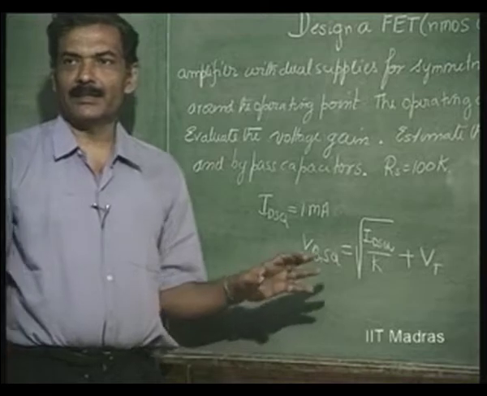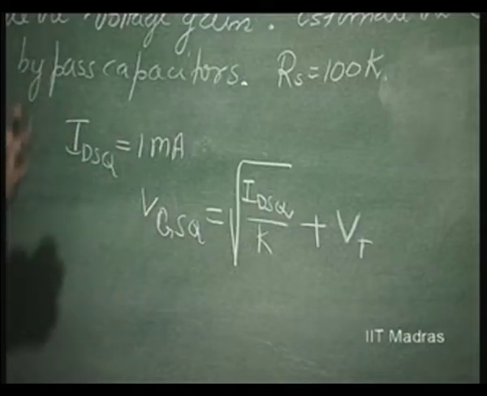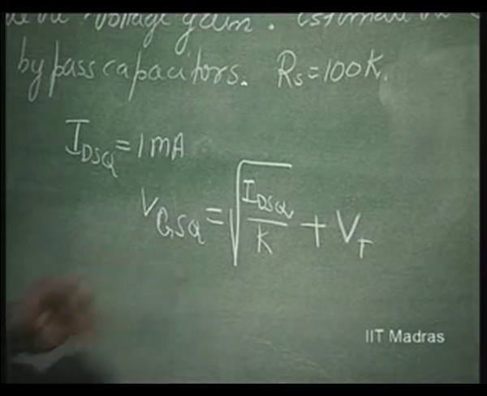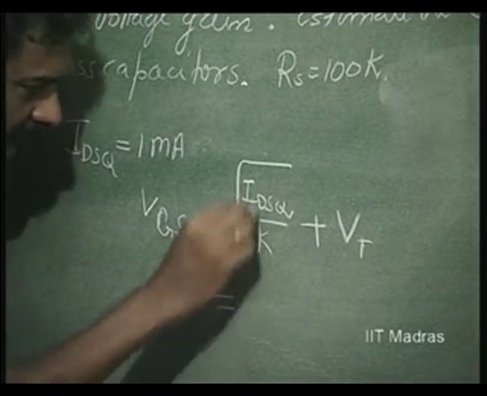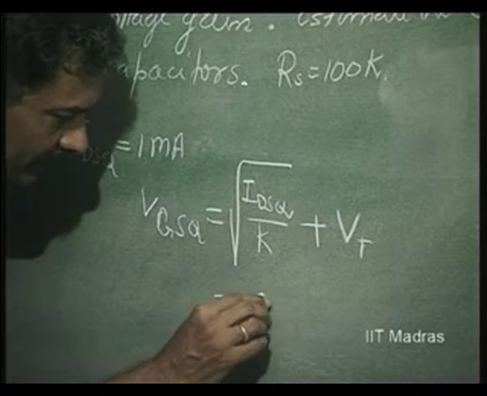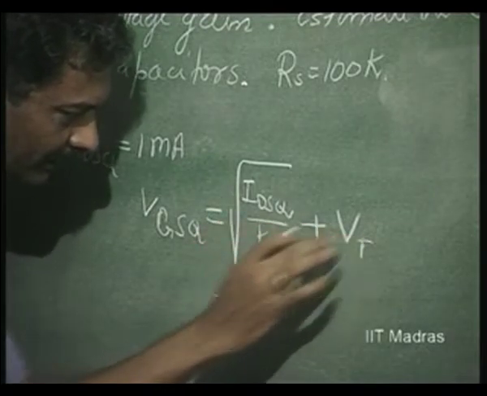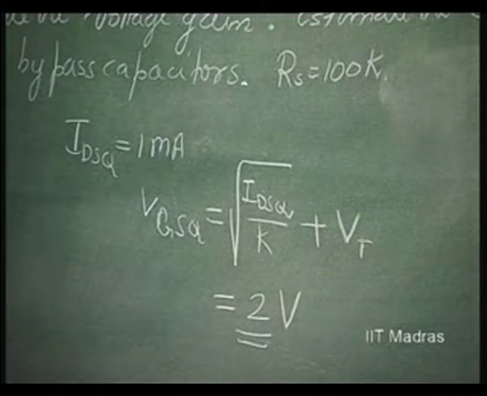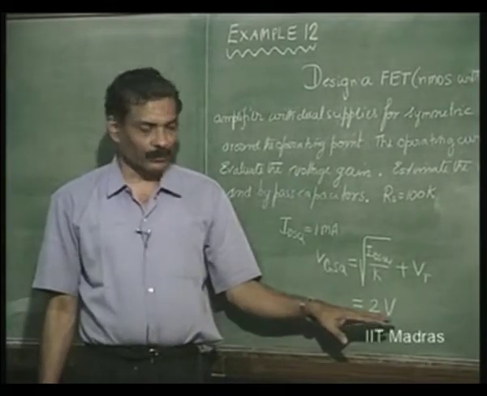This is from that relationship IDSQ is equal to K into VGSQ minus Vt whole square. So, from that we know VGSQ is equal to root of 1 by 1, that is 1, plus 1, that is 2 volts. This we had earlier also evaluated. So, VGSQ is equal to 2 volts.